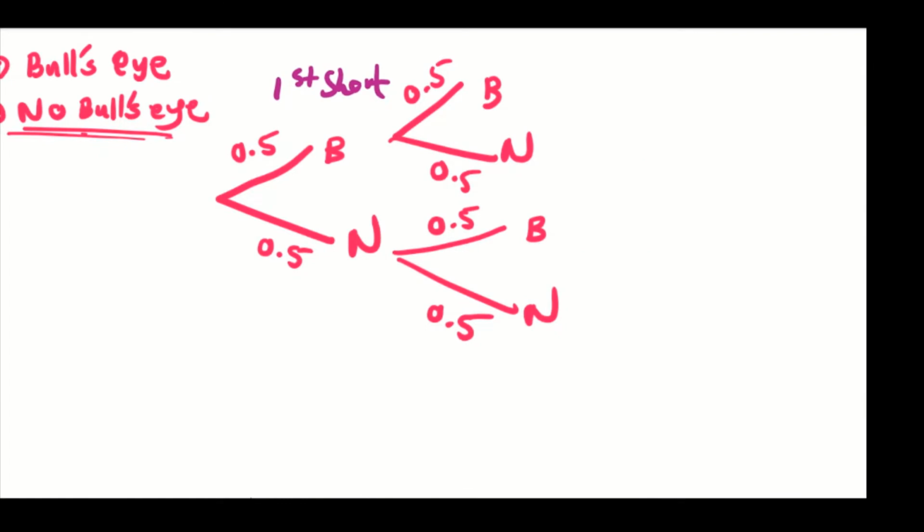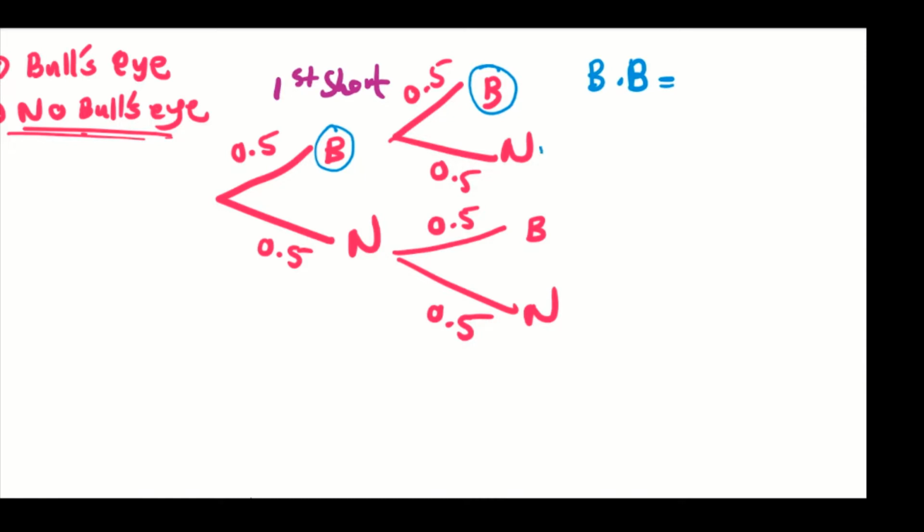This is where he hits the bull's eye in his first shot. This is where he hits the bull's eye in his second shot. So the probability that he hits the bull's eye in his first shot and second shot is B and B, bull's eye, right?